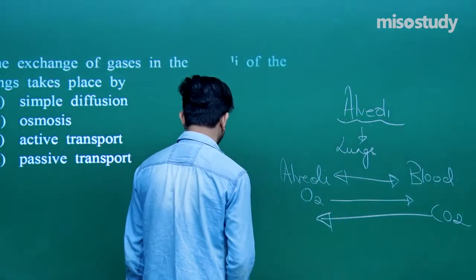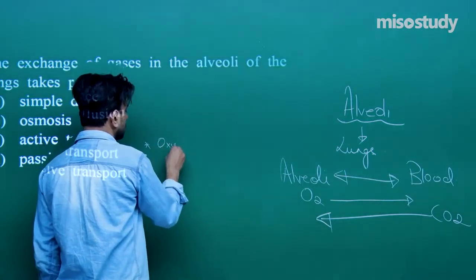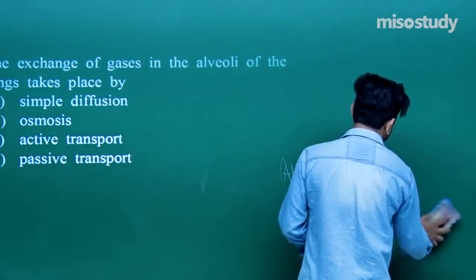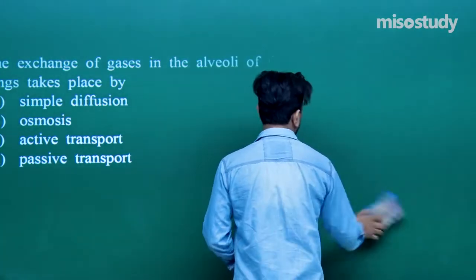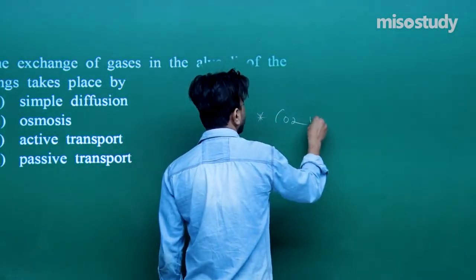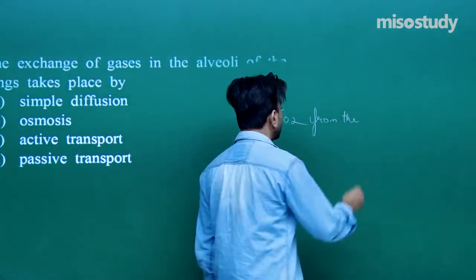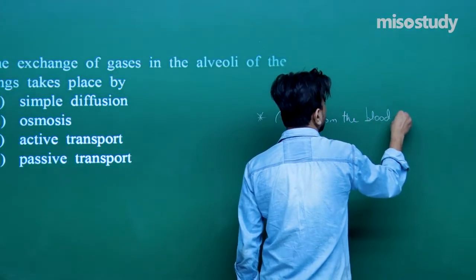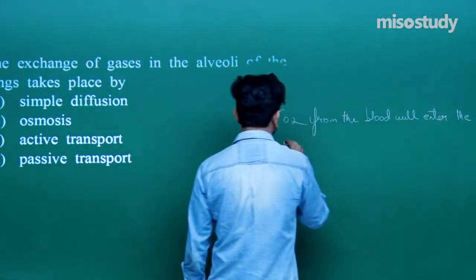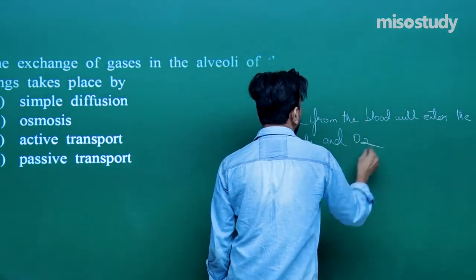So we can write this as carbon dioxide from the blood will enter the alveoli, okay.